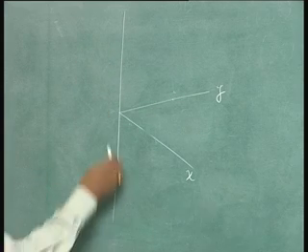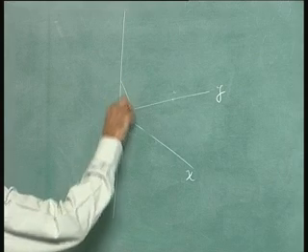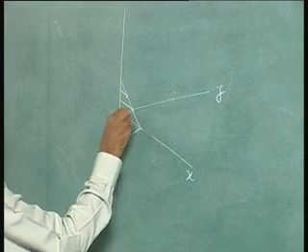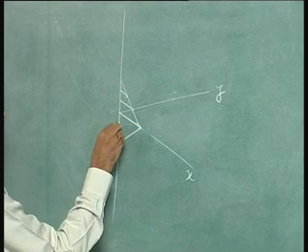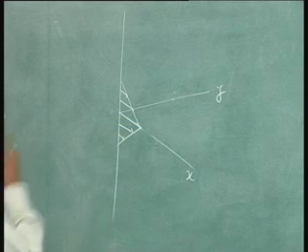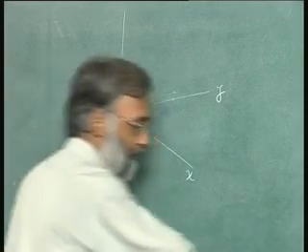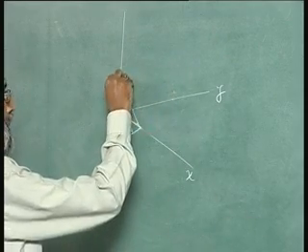Let me do that. I am going to assume I have a triangular electric field in the x direction, which I know means I have a magnetic field that is in the y direction.